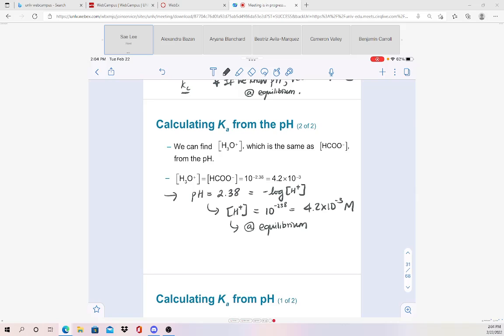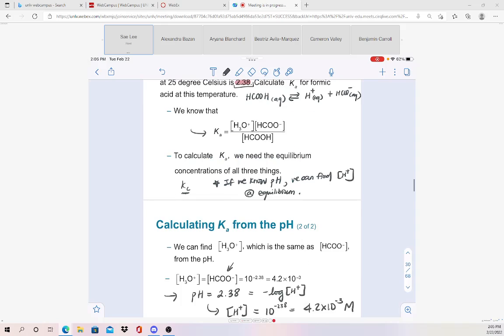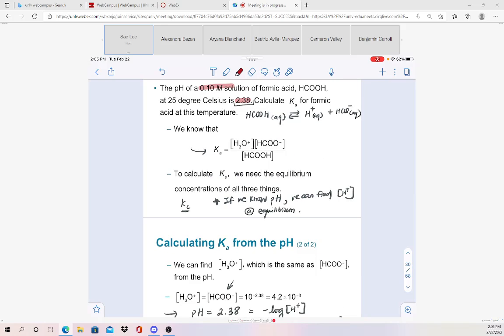Since we know the concentration of proton at equilibrium, we also know the concentration of the conjugate base at equilibrium too. From the reaction stoichiometry, for each acid molecule that ionizes, you get one proton and one equivalent of the conjugate base ion.